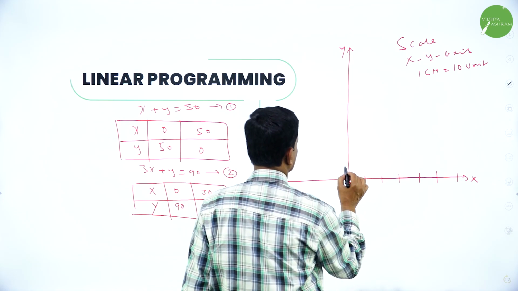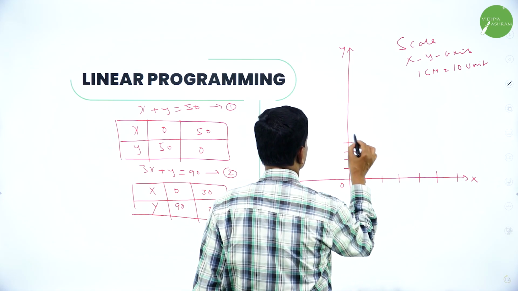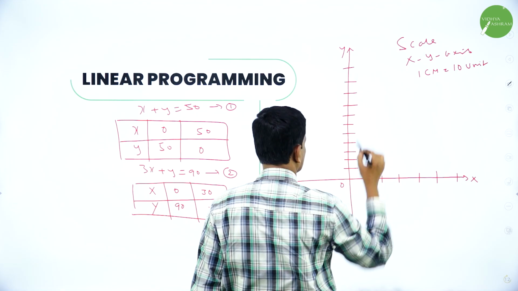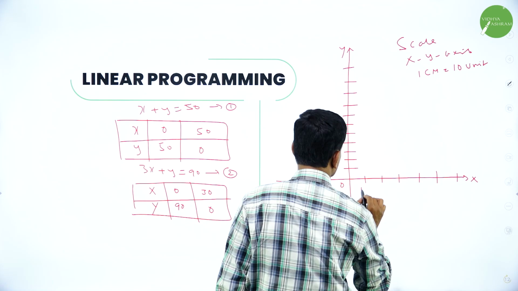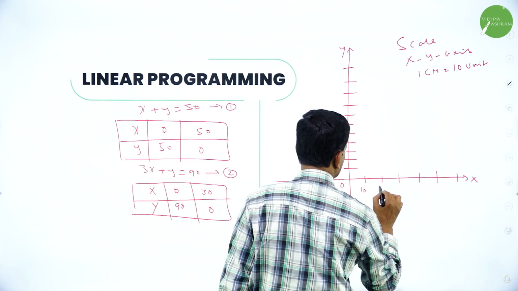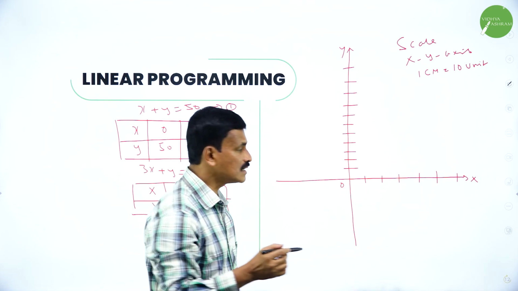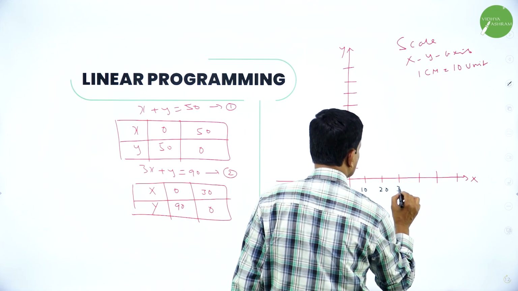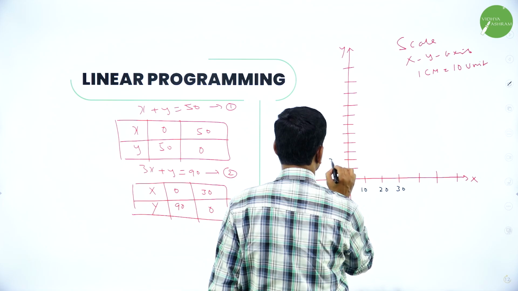Then again 10, 20, 30, 40, 50, 60, 70, 80, 90, 100, 110. So, each centimeter is equal to 10 units.